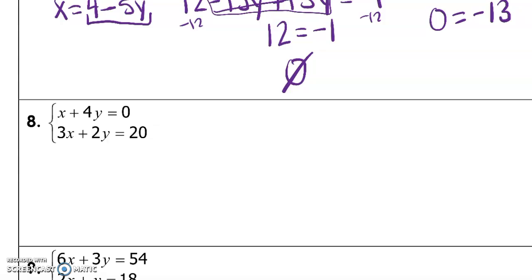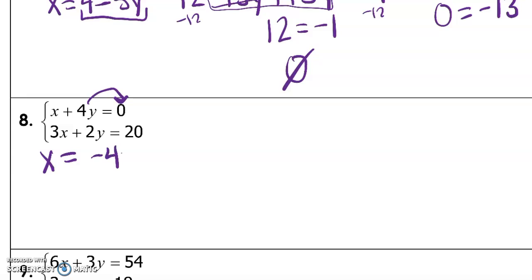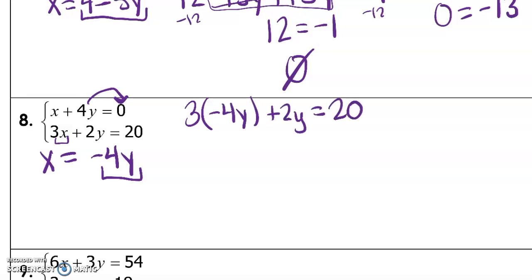Number 8, it's going to be easiest to get the top x by itself, so move that over. This one's going to look a little bit weird. X equals, you don't need to put 0 minus 4y, you can just put negative 4y. So negative 4y needs to go in place of the x. So 3 times negative 4y plus 2y is equal to 20.